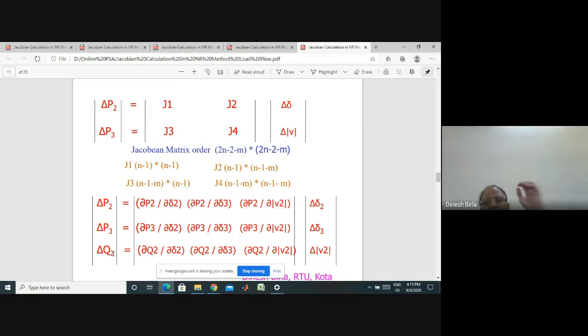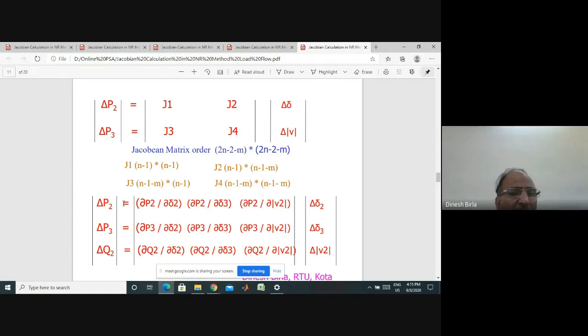Angle will always exist for each active power, and voltage will always exist for each reactive power. So if it is n active and reactive powers taken together, there will be n angles and voltages on the right hand side.